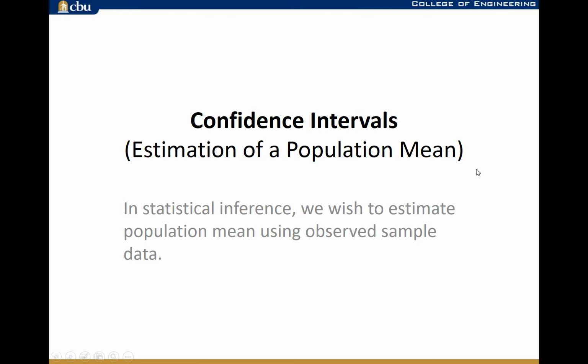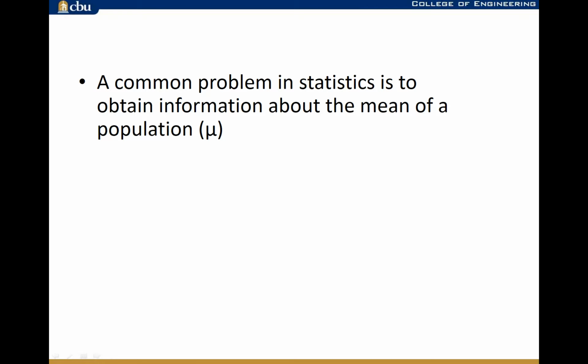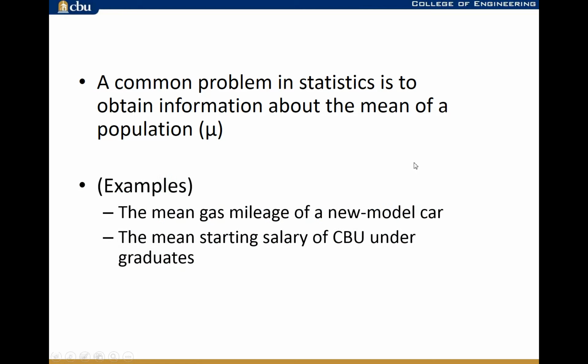So we always check our central tendency, and this will be the most important thing we want to understand. A common problem in statistics is to obtain information about the mean of a population. For instance, we want to understand the mean gas mileage of a new model car, or the mean starting salary of CBU undergraduates.